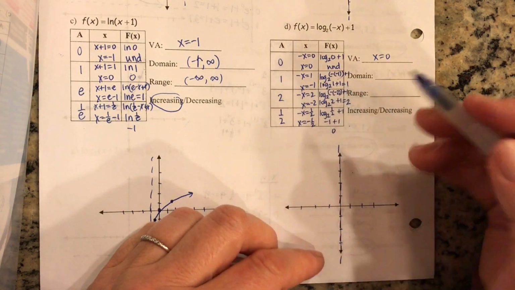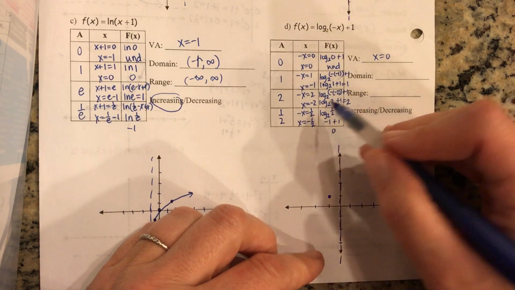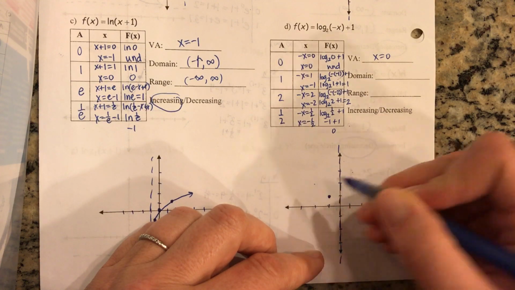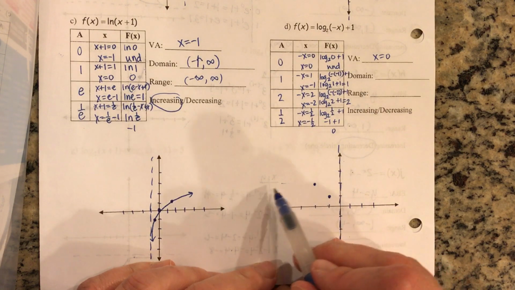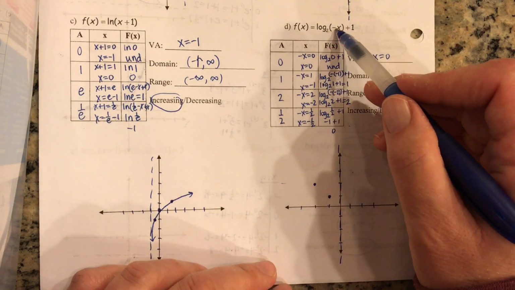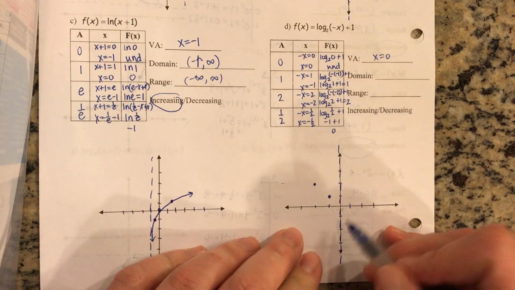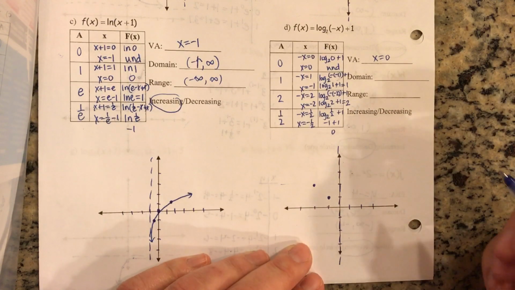Okay, negative 1 and 1. Negative 2 and 2. Negative 2 is up 2. So I think this is doing this sort of thing. And that makes sense because that negative x reflects it across the y-axis, correct? So what would have been here is now being reflected across.